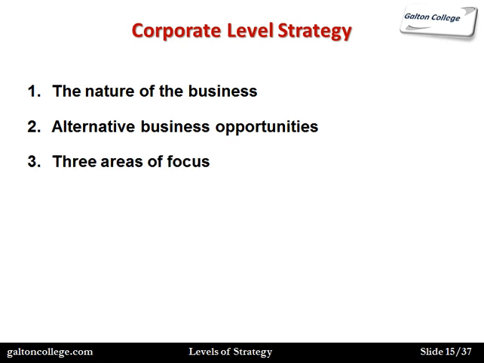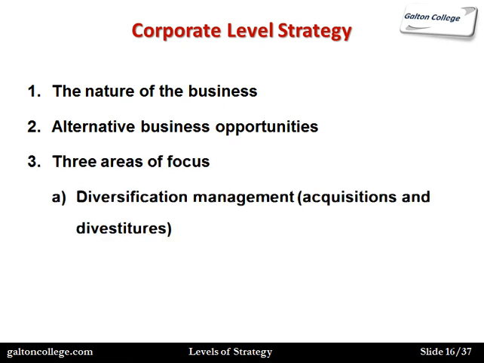We may look at this as three areas of focus. For example, diversification management, which may mean the business is looking to acquire other businesses. The management is on the constant lookout for other businesses, perhaps in the same area of work, so that they may use the capital and expertise of the business to expand through the acquisition of other businesses. Or it could be that there are divestitures.